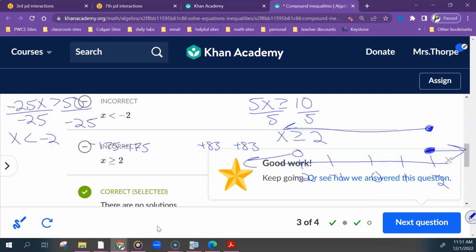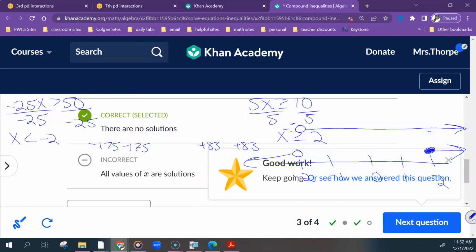Or if this one went the other way, then they would overlap starting at positive 2 and on. So that would be everything greater than 2. There is an all solution. That would mean they would have to overlap everywhere. If they don't have overlap everywhere, that could not be an answer.